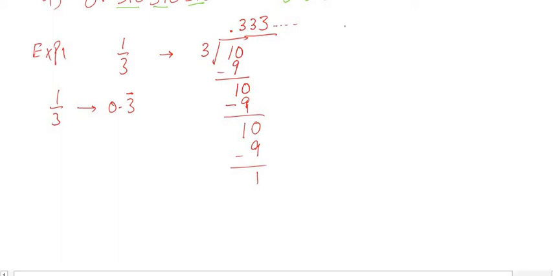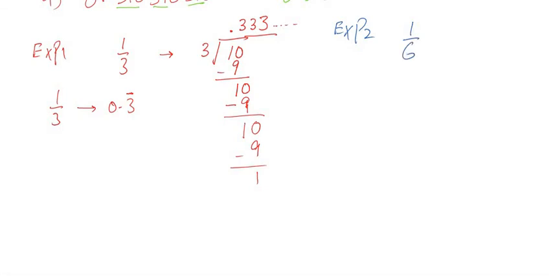Let's take another example. In example number 2, for example, we are given 1 out of 6. So 1 divided by 6. Again, 1 is smaller than 6.